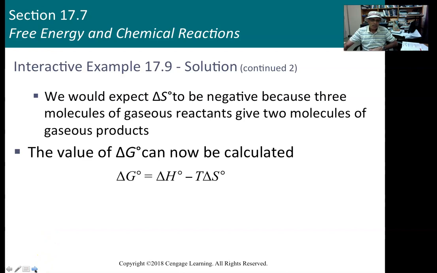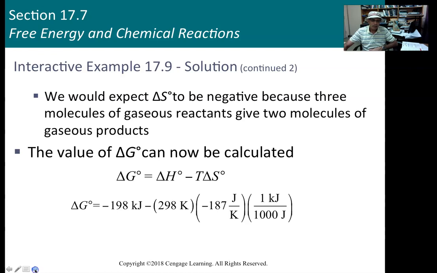Now we can calculate delta G using this relationship. Bring in the values. One thing you need to watch is that the value of delta S is in joules, so you need to convert that into kilojoules, or vice versa, so that the two units match up.